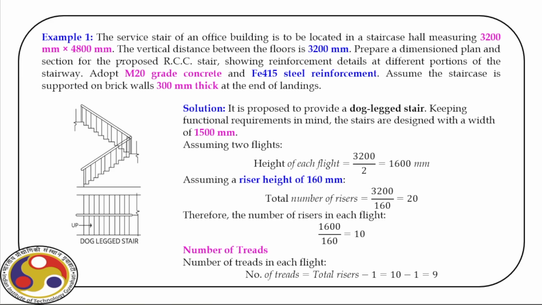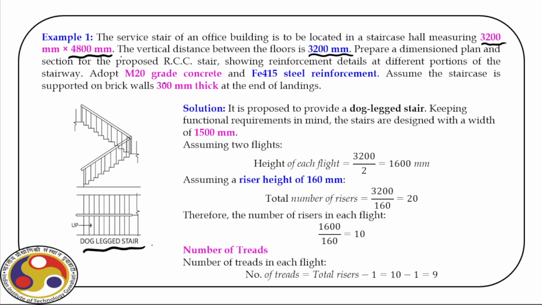So let us take an example. In this case, we need to design a dog-legged stair. Stair hall size, as you can see, 3.2 meter by 4.8 meter. Vertical distance between two floors, 3.2 meter. Then first we need to design the dimension of the stair hall along with the number of steps.